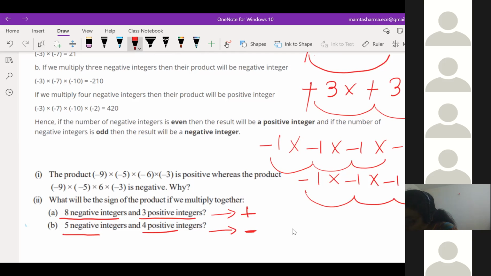Correct, because here no need to multiply and then check the sign. Just watch that here the 8 is an even number, so the sign would be positive. Here 5 is an odd number, so after multiplication the sign will be negative.